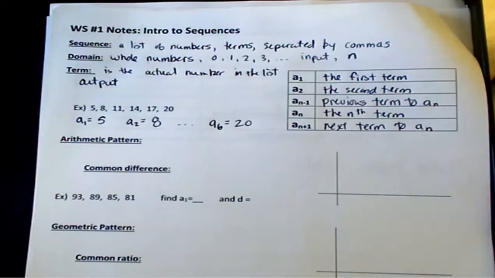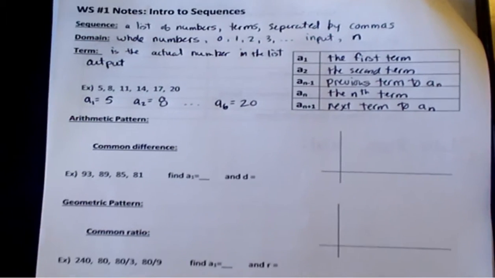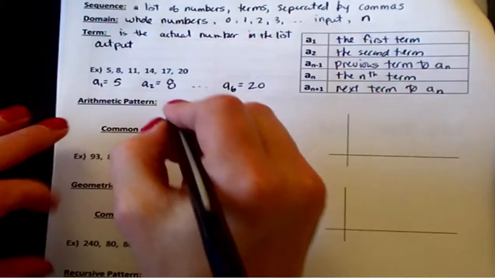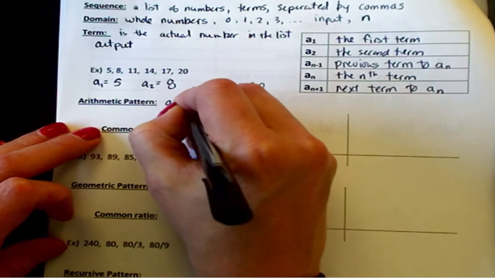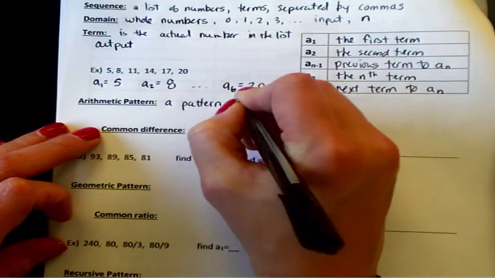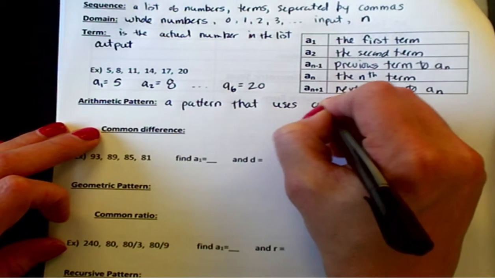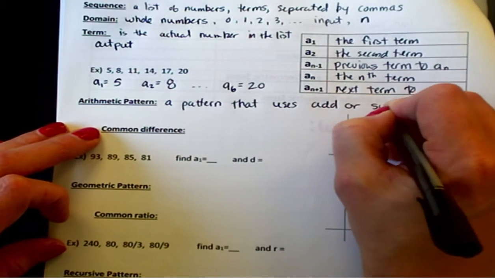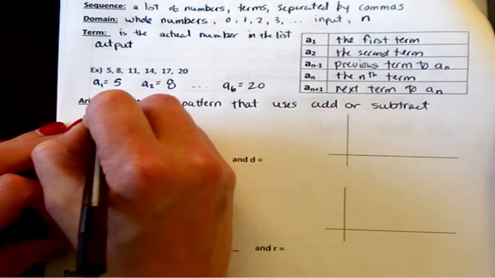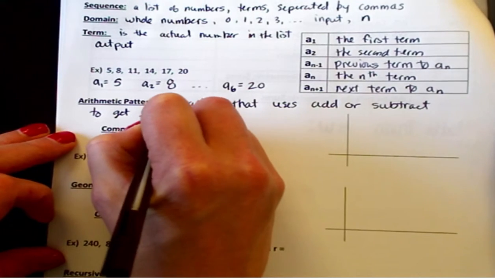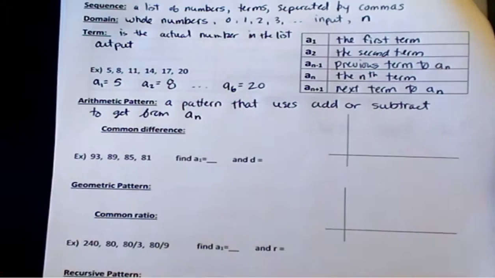Now, we're going to look at two very specific patterns. Okay? An arithmetic pattern and a geometric pattern. An arithmetic pattern is a pattern that uses add or subtract to get from a sub n, one term, to the next term.